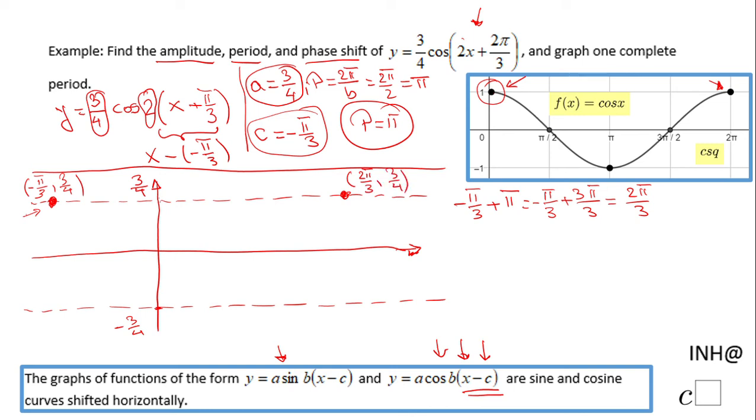Okay, so this point, like I said, is going to be 2 pi over 3 and 3/4. And now we're going to need to find the other 3 points in this 5 points technique, and I'm going to start with this minimum, which you notice is in the middle between these two maximums. That point is going to be somewhere here in the middle. How are we going to find the coordinates? We're going to take the negative pi over 3 and the 2 pi over 3 and add them.